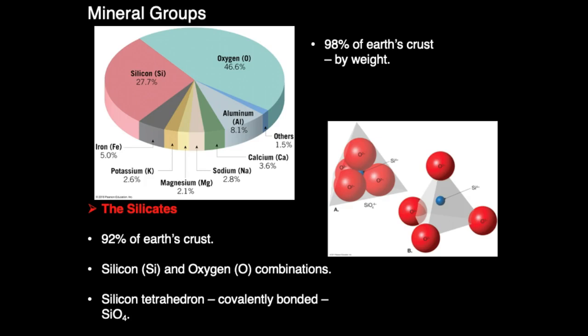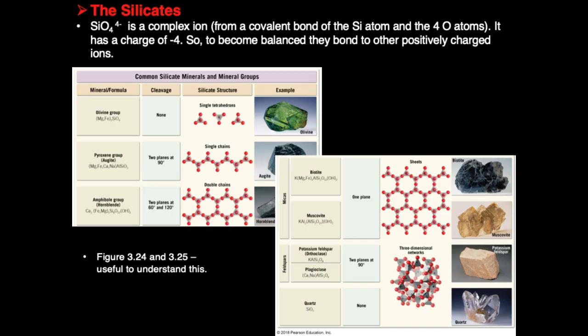The remaining mineral groups, again the carbonates, halides, and whatnot, are usually paired into the non-silicate classification because they're not nearly as abundant as the silicates. All right, so the silicon-oxygen tetrahedron, or SiO4, is a complex ion. It forms from a covalent bond of the silicon atom and 4 different oxygen atoms.